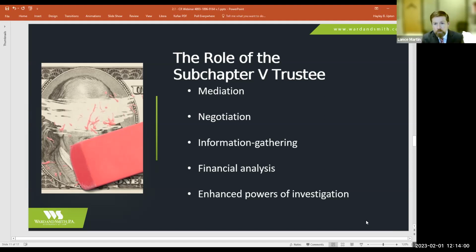Their role is to facilitate a consensual plan of reorganization. They are usually bankruptcy practitioners in the district where the case is filed. There's a panel. I actually serve on the panel for the Western District of North Carolina, and I've served as a Subchapter V trustee in a couple of cases now.